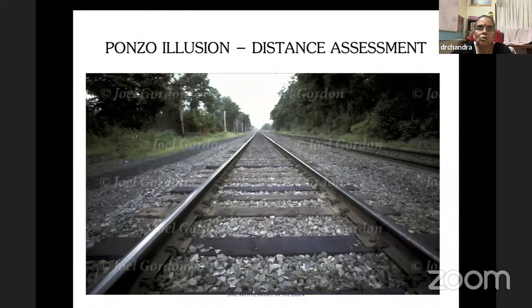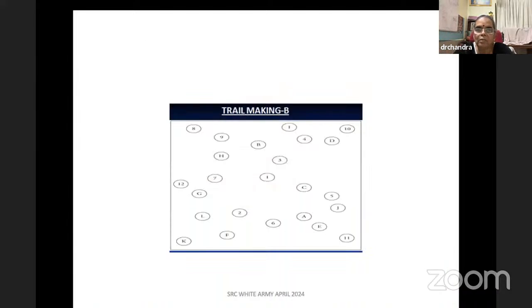And this is the Ponzo illusion. It is only a two-dimensional picture, but it gives a three-dimensional percept. By narrowing down the two lines, a two-dimensional figure gives a three-dimensional percept. That is called an illusion, a visual illusion.